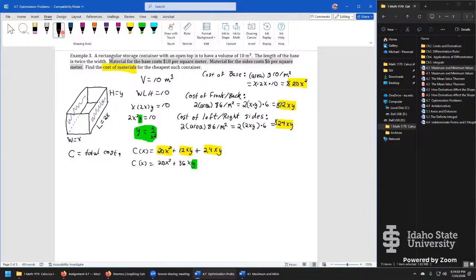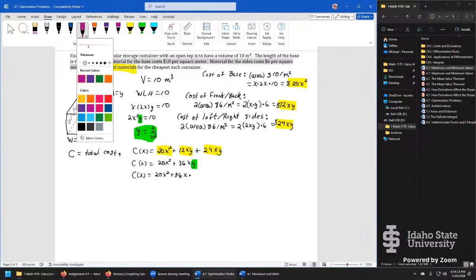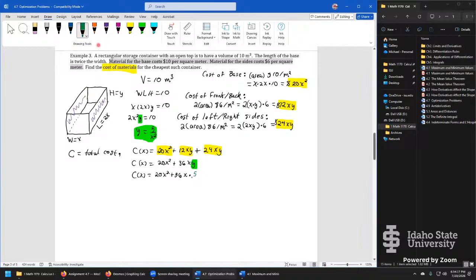Substitute that in, and we have a cost function involving just the variable x. On the next line, C of x is 20x squared plus 36x times 5 over x squared.